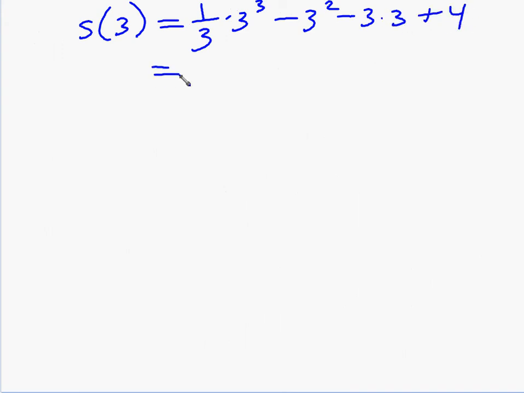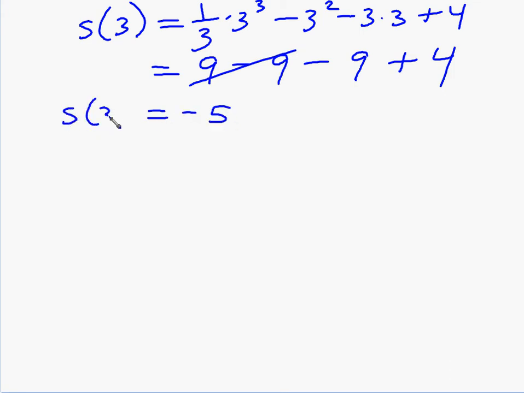So 3 cubed is 27. 1/3 of that is 9. So I have 9 minus 9 minus 9 plus 4. All right? So these two are 0. So I have -9 plus 4, and I'm at -5. This is my new location.